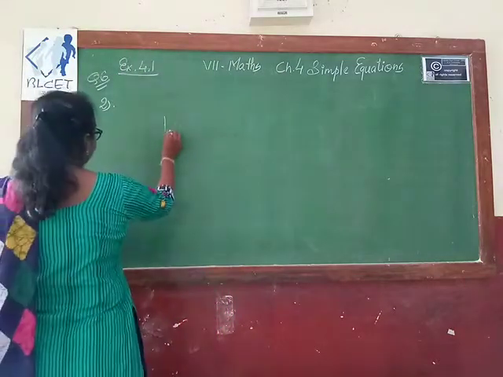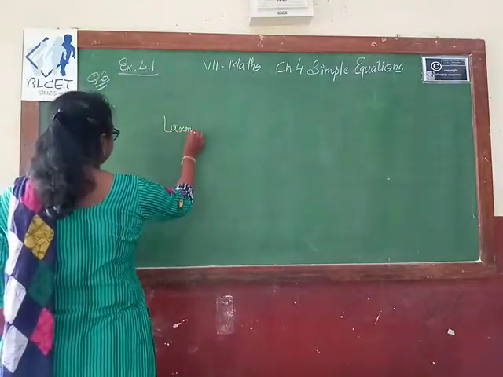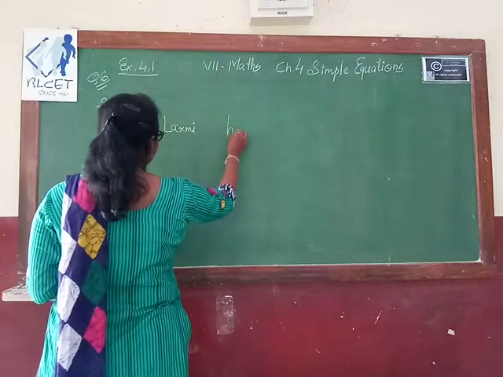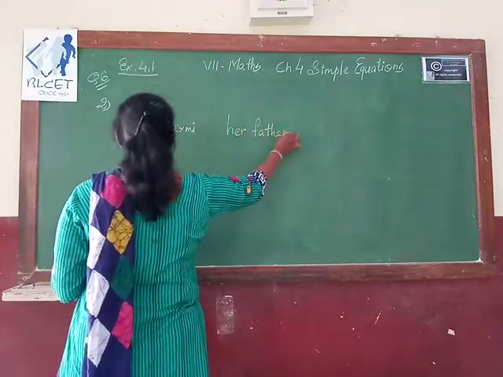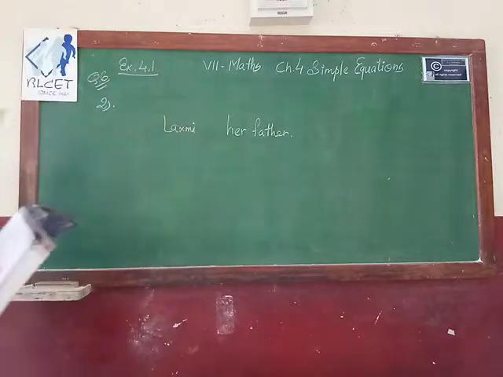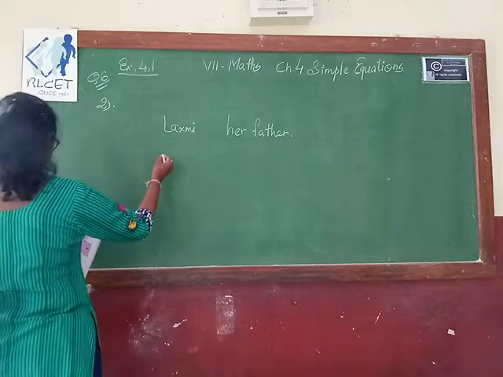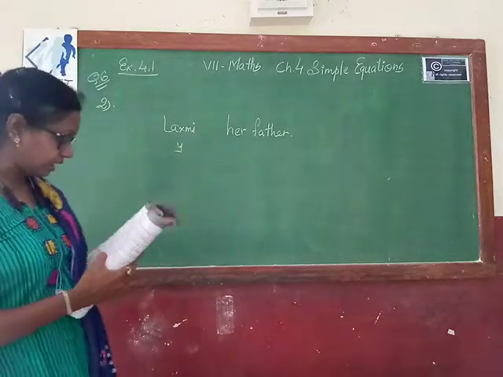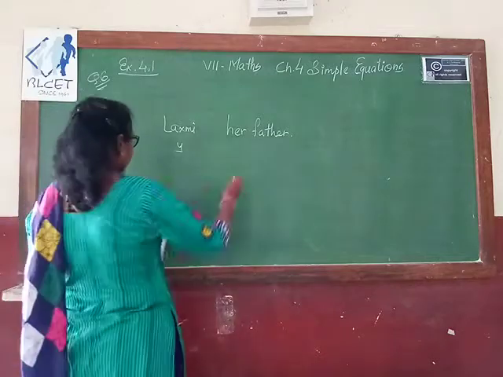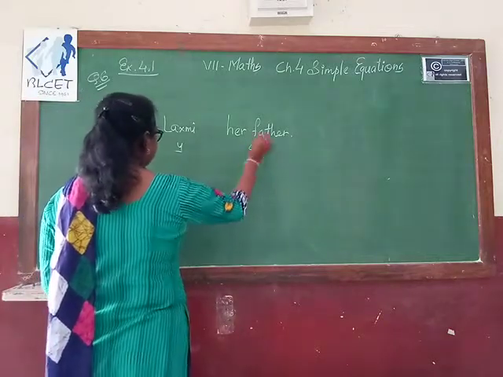So we have two persons, Lakshmi and her father. Obviously, the age of the daughter is smaller than the age of the father. What is given? Lakshmi's age is y, and Lakshmi's father's age is 49 years.